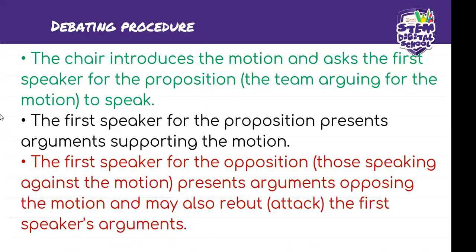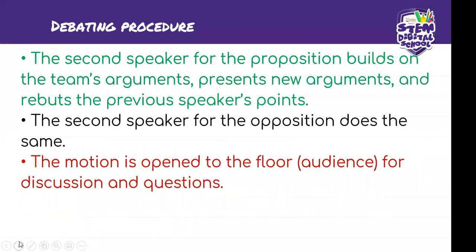So anyway, where are we? So here we are done. It means that the first speakers from each respective team have spoken. Then after that, the second speaker from the proposition will build on what his or her teammate has said.